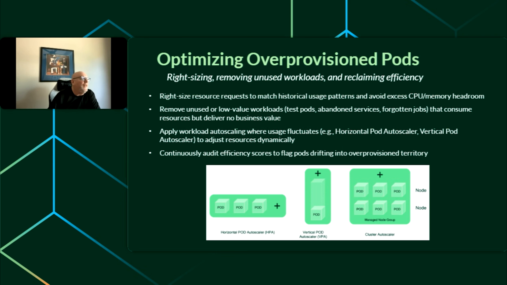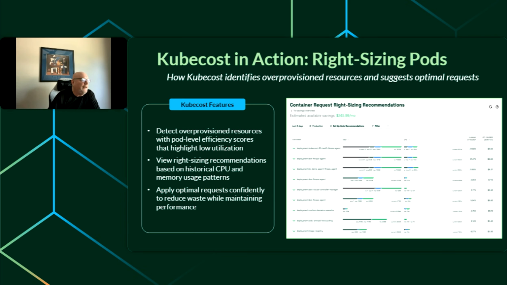Okay. The next thing we talk about here is where Kubecost fits into this. In Kubecost, there's a panel that we call container request right-sizing recommendations, and this is a representative screenshot of it. And what we're looking at here, you can see in this graphic, there are some black bars and blue ones and green ones.